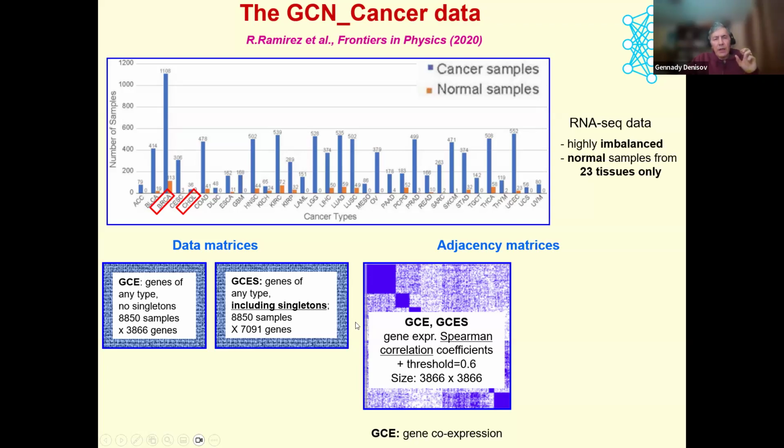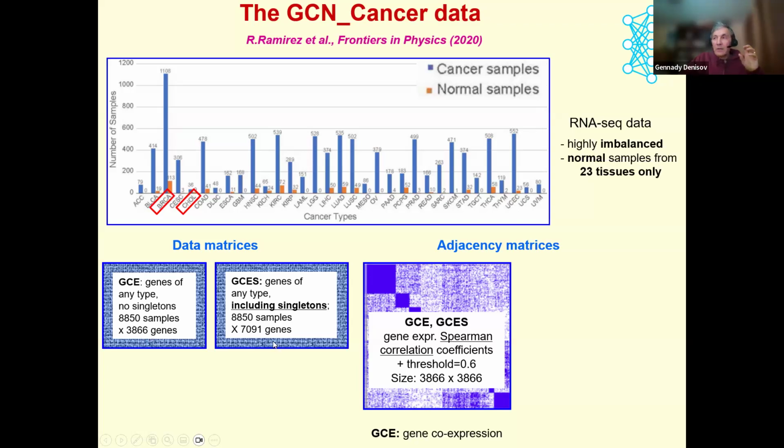The adjacency matrix for this data was computed as follows. First, for all the genes in the data set, for example, 3866 genes, we computed the pairwise Spearman correlation coefficients between each couple of genes.